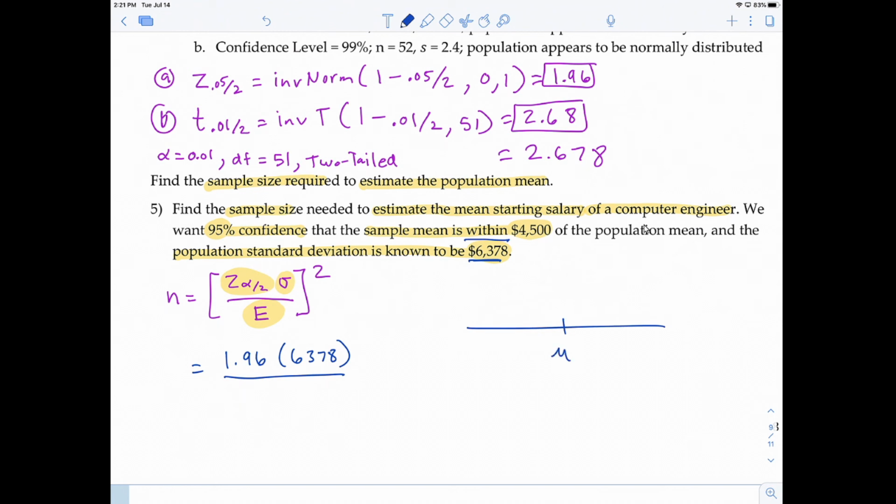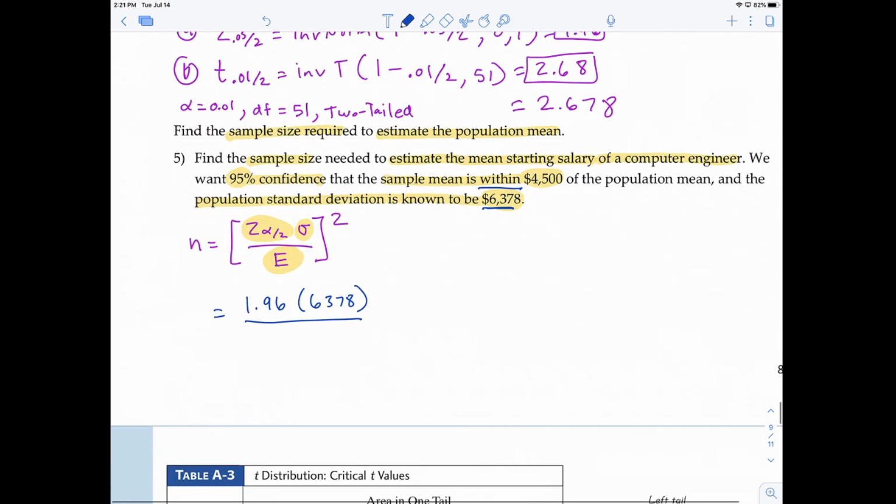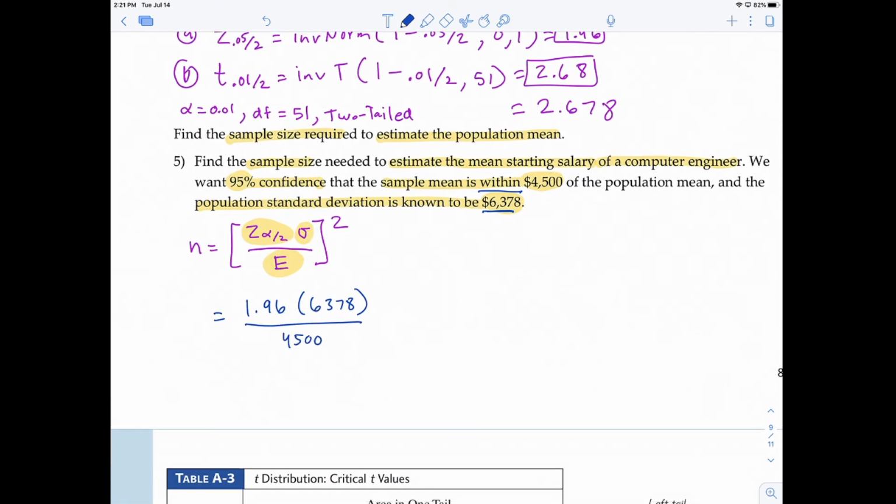Within the population mean is telling us plus this much, minus that much. So this is plus the margin of error, minus the margin of error, right? Essentially that is telling us that this is the margin of error, within 4,500. Okay, so the margin of error is 4,500.